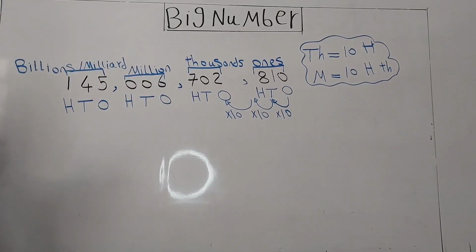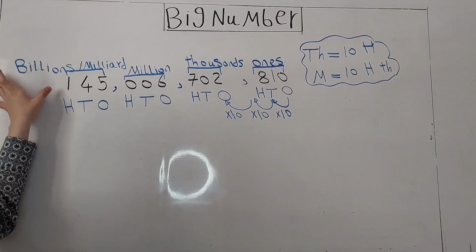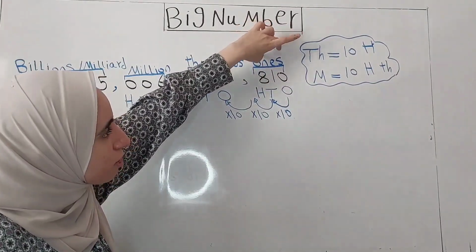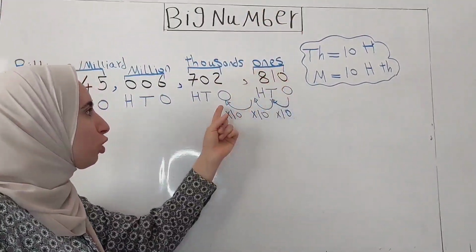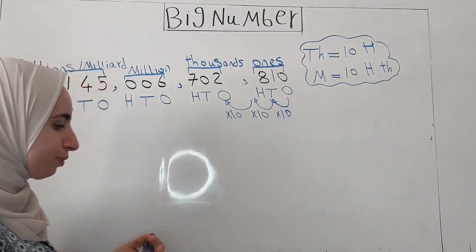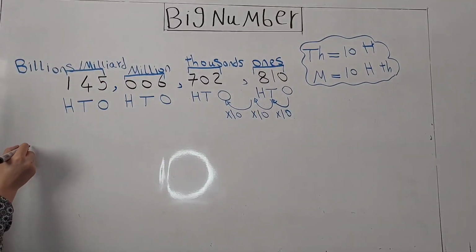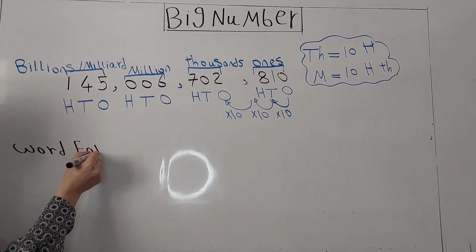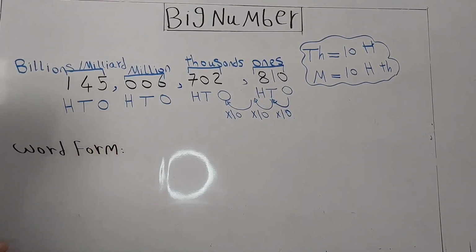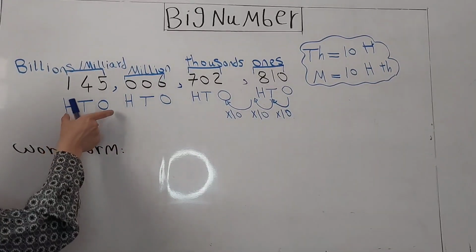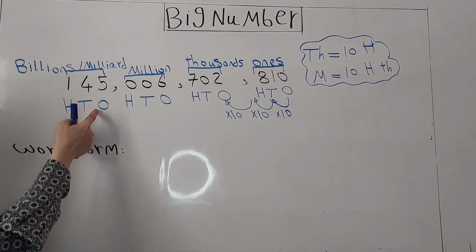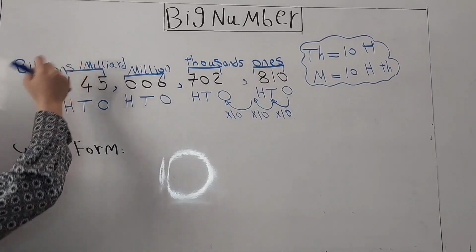Now, we need to read these big numbers. To read them, we start from the biggest family and go to the right until we reach the last family, which is ones. The word ones is not read. We read the biggest family: 145 billions, or milliard.